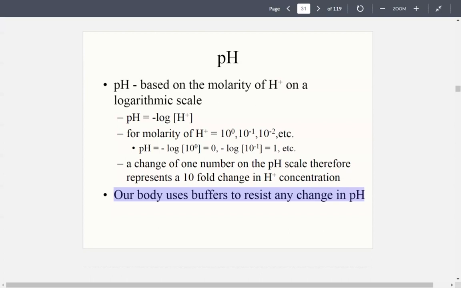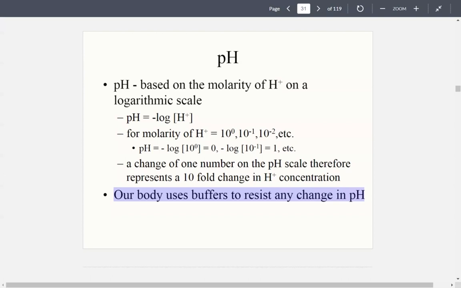And it will do it on its own without any aid from you. The reason it's able to do that is your body has things called buffers. What are buffers? Buffers are substances that readily accept and give up hydrogen ions in order to help maintain the pH of whatever it's in.